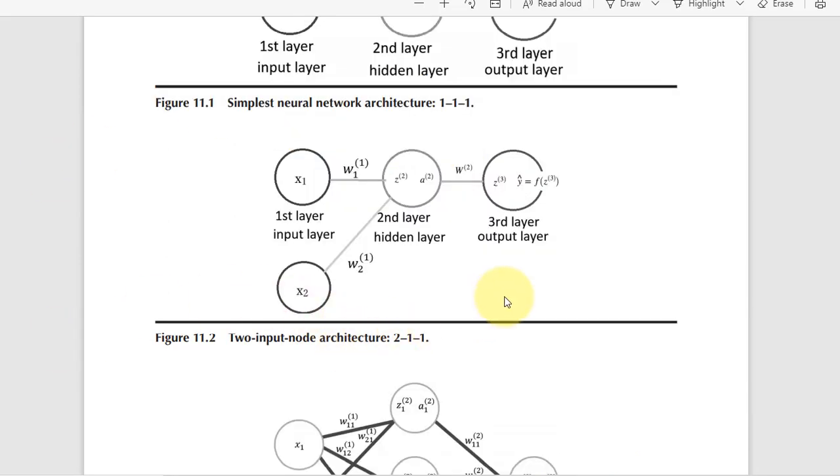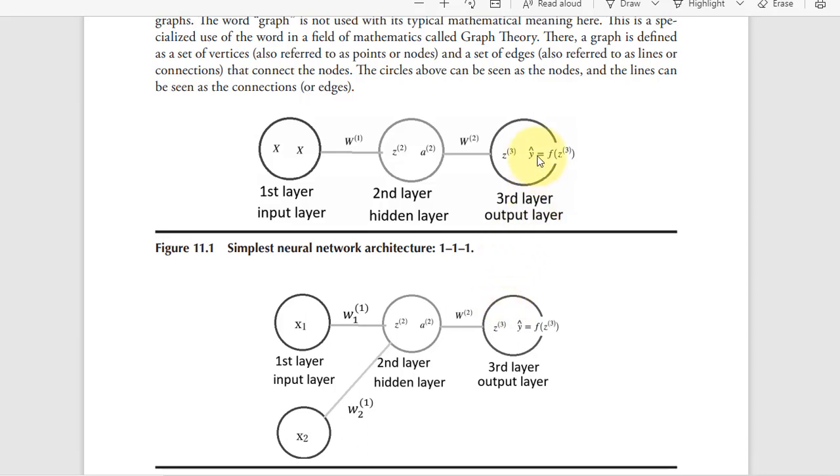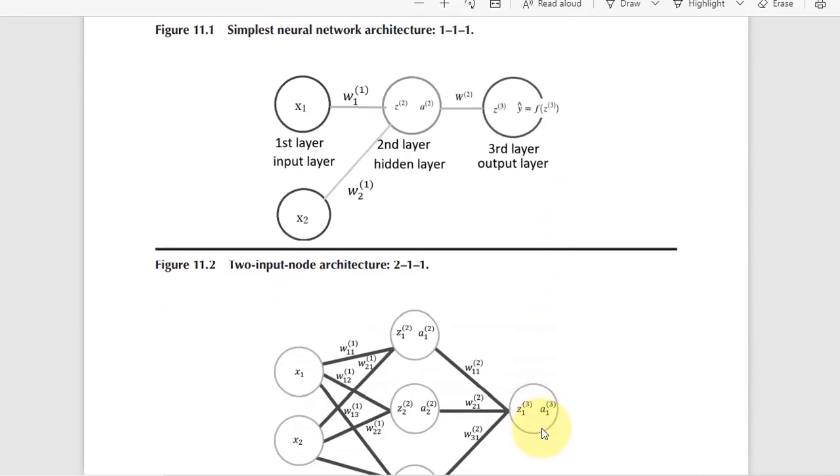So here we use two different labeling systems. Here we have y hat, that's the output, but here we're calling it A3. So you can see why we would call it A3, because we called this one A2. A2 is coming out of this node, so A3 would be coming out of this node.